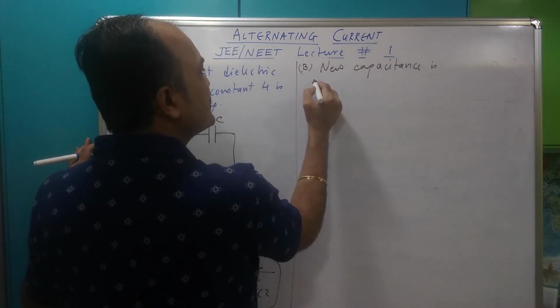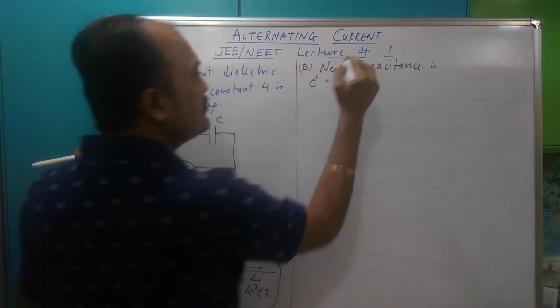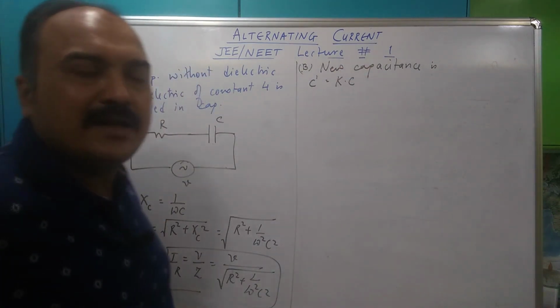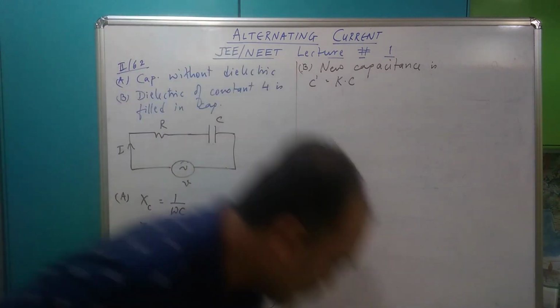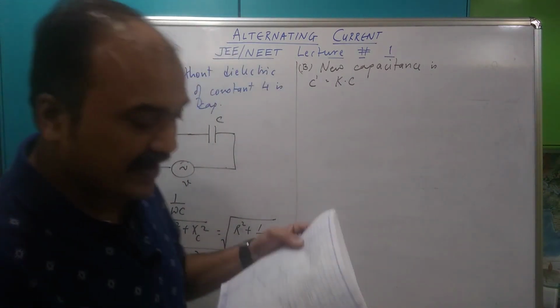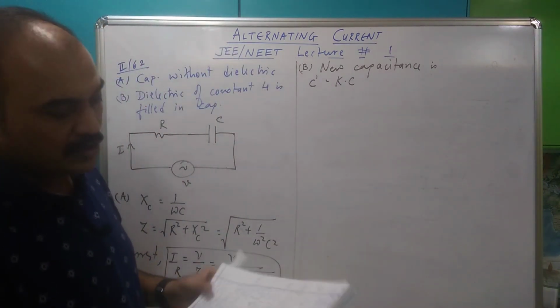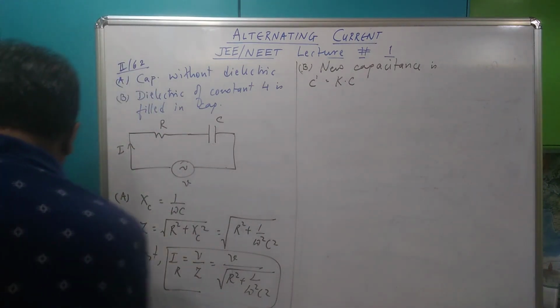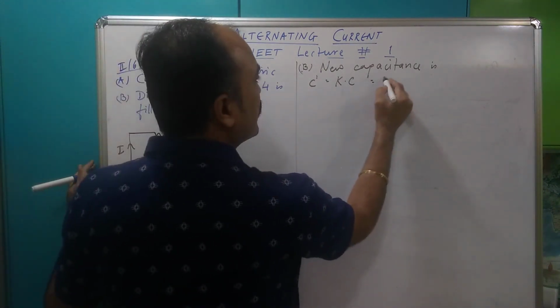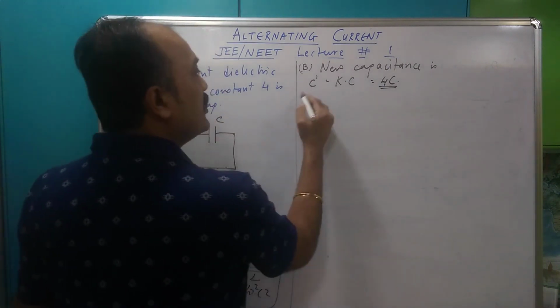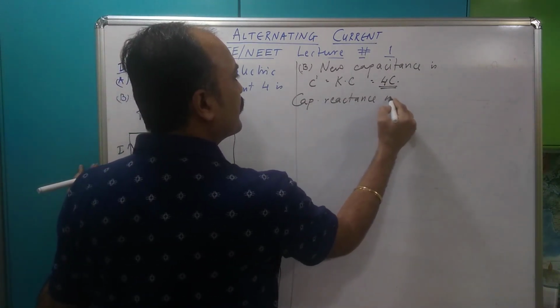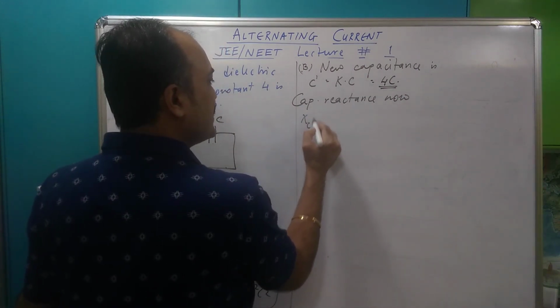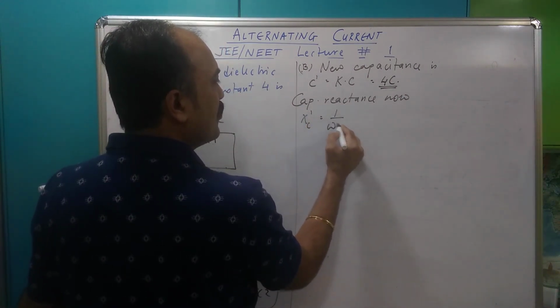You remember C dash is K times C. When a dielectric is introduced having constant K, then the new capacitance becomes K times C, where K is the dielectric constant. So I have here dielectric constant as 4. So C dash is 4C. New capacitive reactance XC dash is 1 by omega C dash.